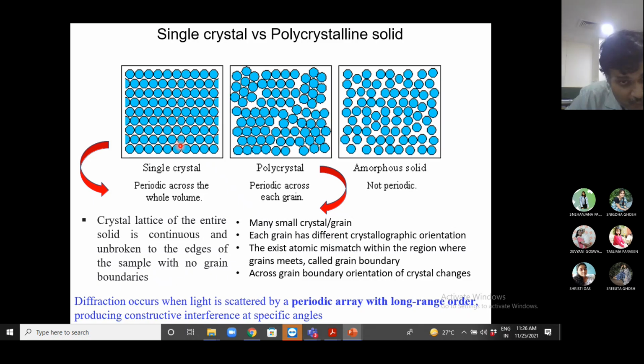So in case of protein crystallography or crystallography of salts, we will be encountering single crystals, but when we go to crystallography of liquid, we are going to encounter this type of nonsense.